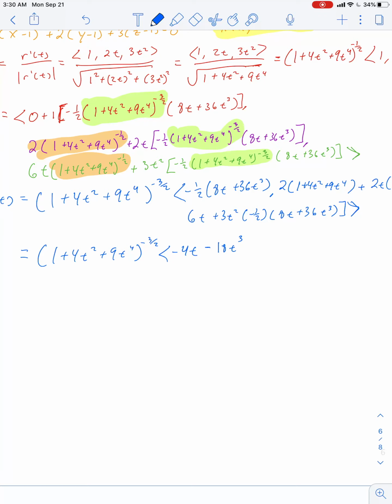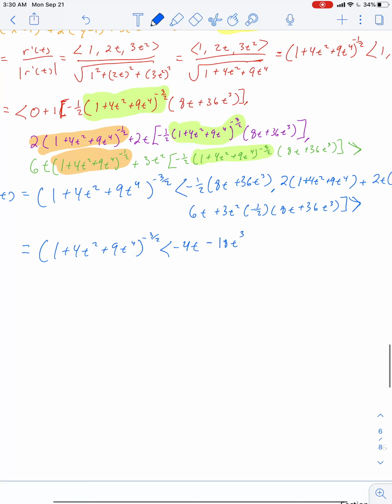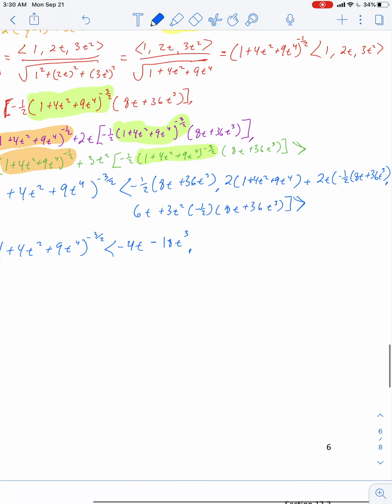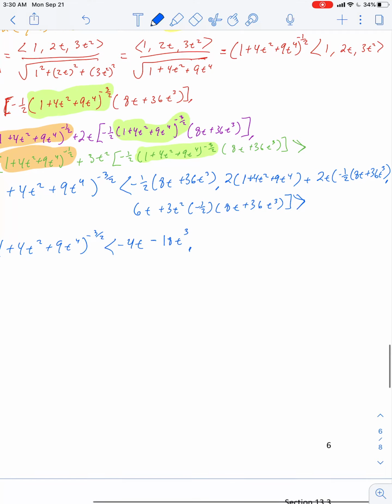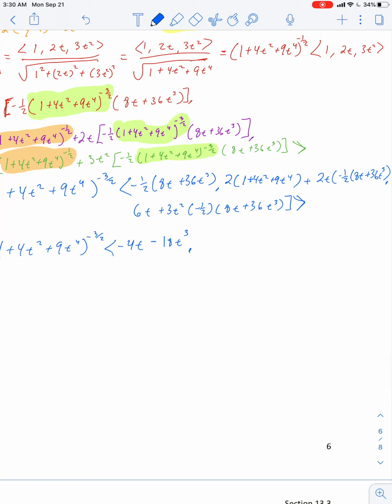Again, I want to check my work. And then the next one, I'm going to multiply 2 times (1 + 4t² + 9t⁴). So I have 2 plus 8t² plus 9t⁴.